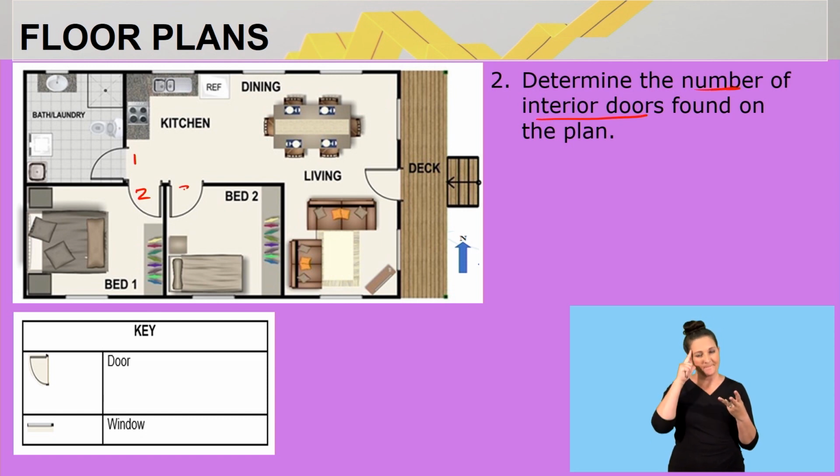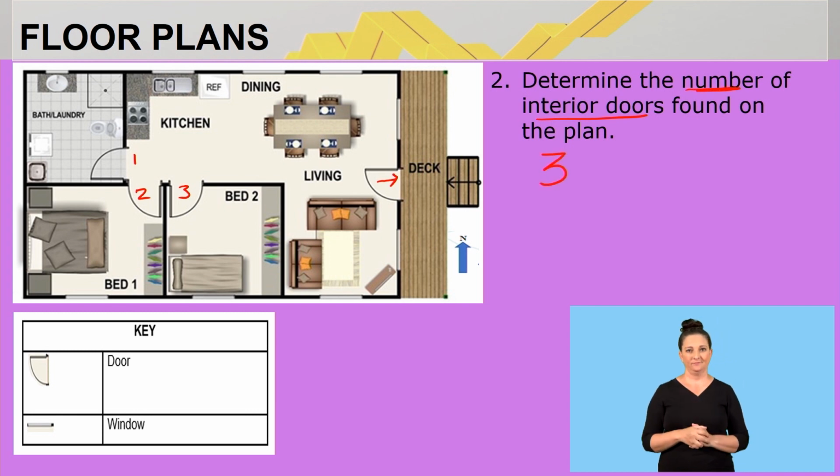Here, bedroom number 2, that's the third interior door. This one, however, leads out there, so this becomes now an exterior door. So therefore, the number of interior doors will be 3. Guys, I hope that's clear. It's important for us to distinguish between interior and exterior. Let us look at our next question.